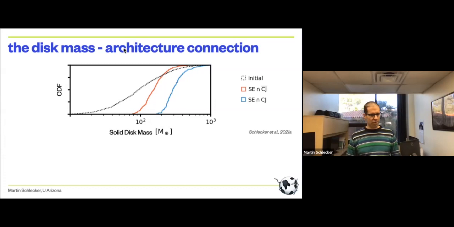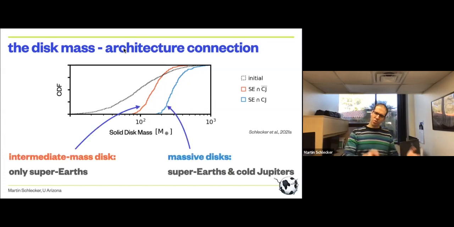If we plot the cumulative distribution for these familiar two groups, then we see that systems that produce a super Earth but no cold Jupiter started typically with intermediate mass disks, so maybe 100 Earth masses in solids and planetesimals. And systems that produce both planet species, they had a more massive disk.